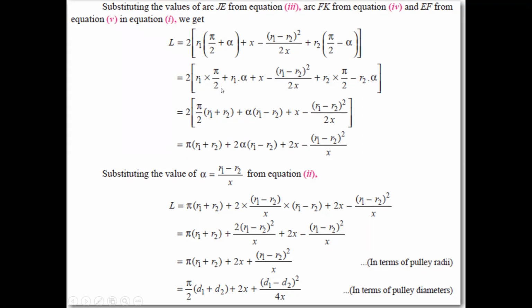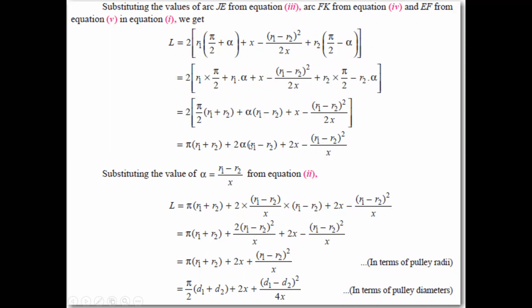Then the common terms are taken out here: 2 into pi by 2 into (R1 plus R2), plus alpha into (R1 minus R2), plus x minus (R1 minus R2) whole square by 2x. Finally, to write it here: pi into, so 2 is there, those two are cancelling.